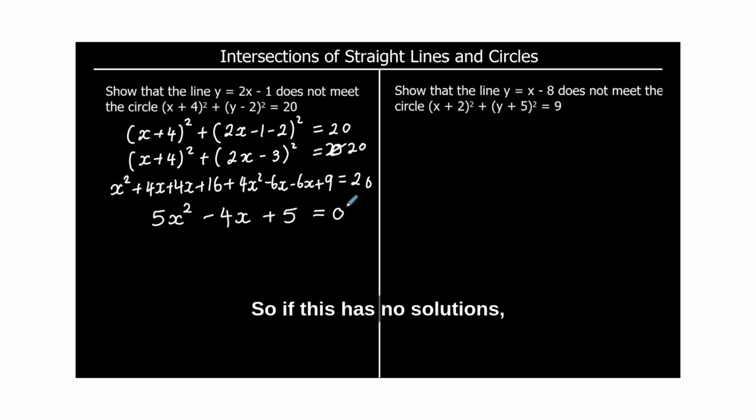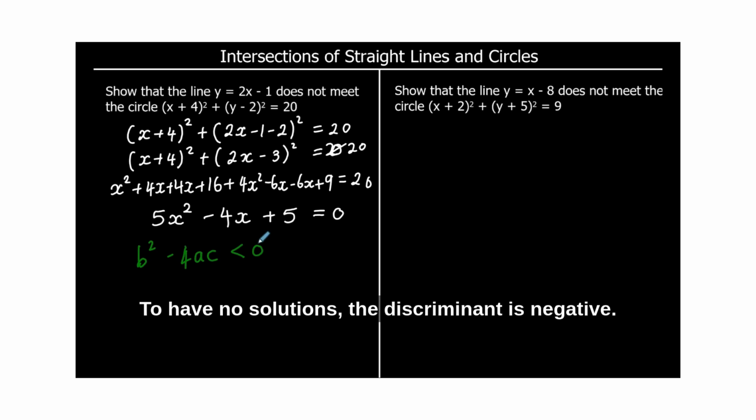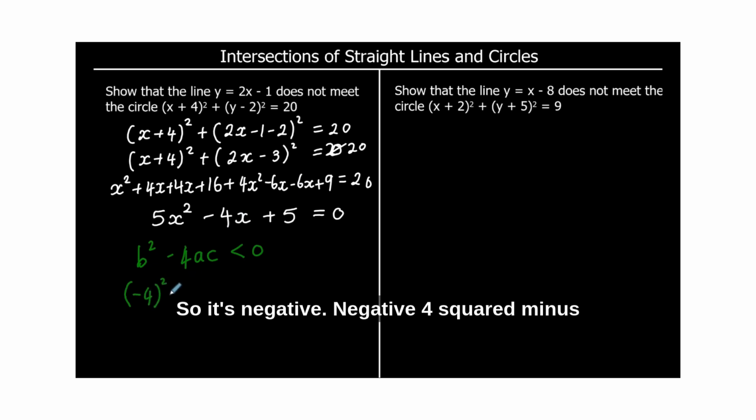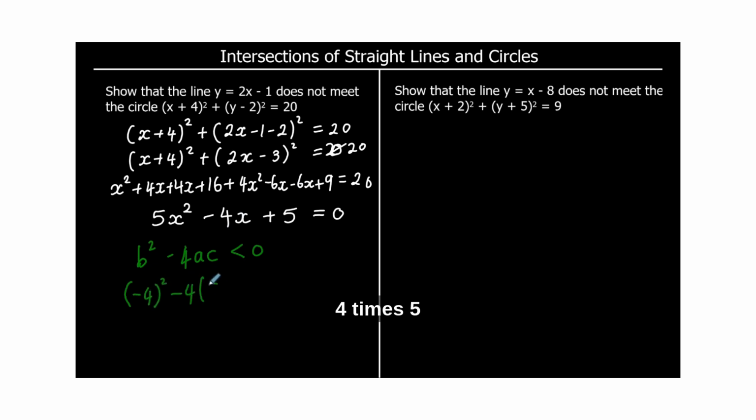So if this has no solutions, the discriminant b squared minus 4ac will have to be negative. To have no solutions, the discriminant is negative. So let's have a look. So b is negative 4. So it's negative 4 squared minus 4 times 5 times 5.